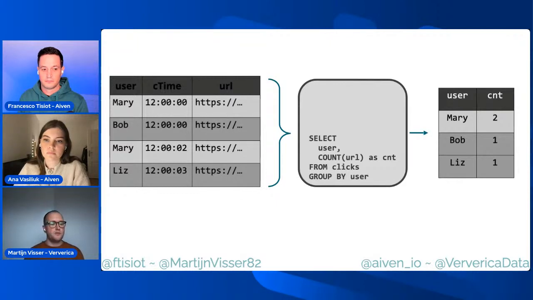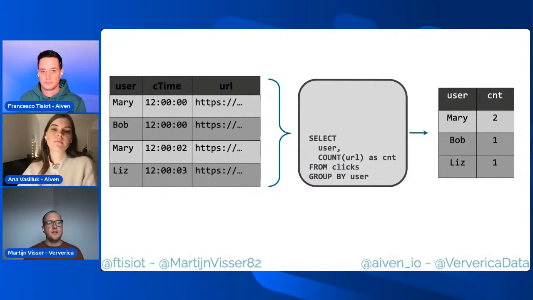So if you have that 24-hour-old data, all the data from yesterday has appeared. So when you are creating just a simple count of the amount of users, you can take all the data that's available at that moment in time and then display the result that is shown here on the right, with Mary appearing 2 times.